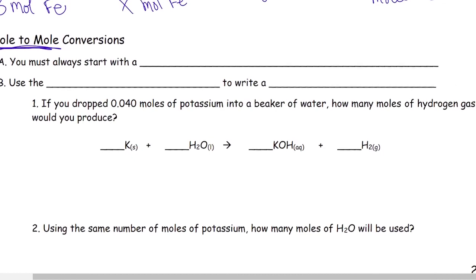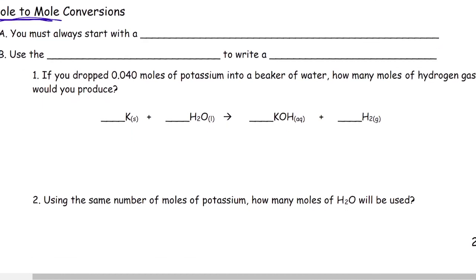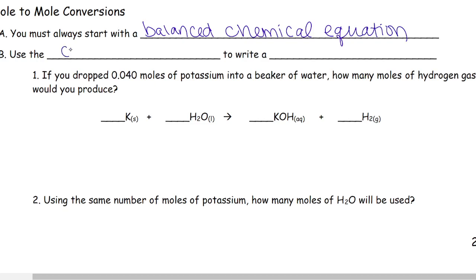So when we are doing mole-to-mole conversions, you have to always start with a balanced chemical equation. And then to write a mole ratio, you need to use the coefficients.